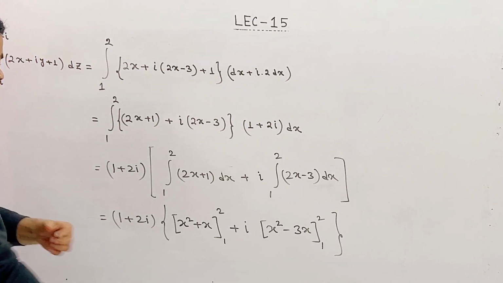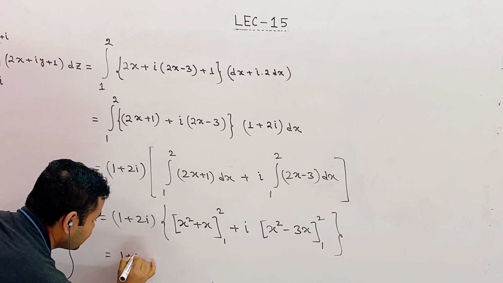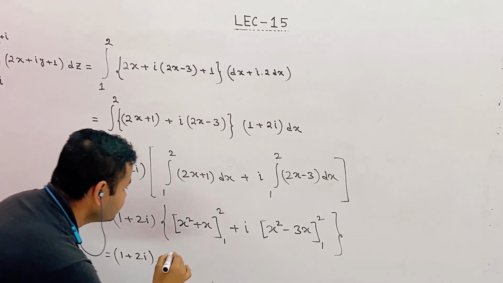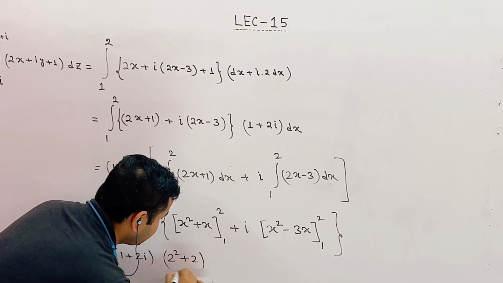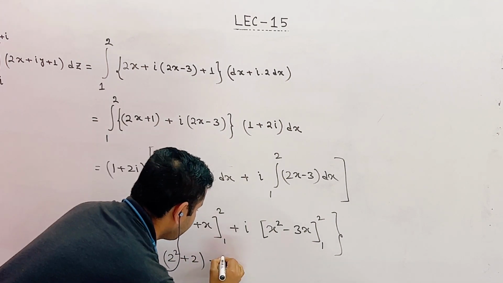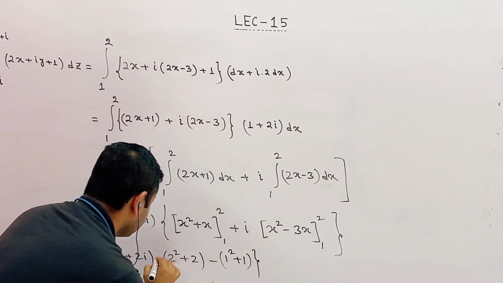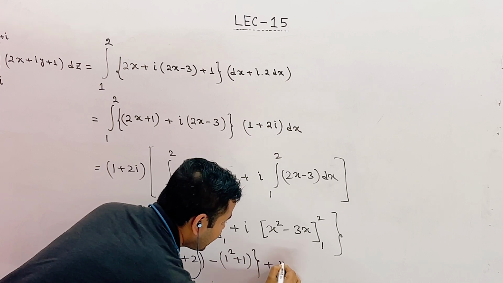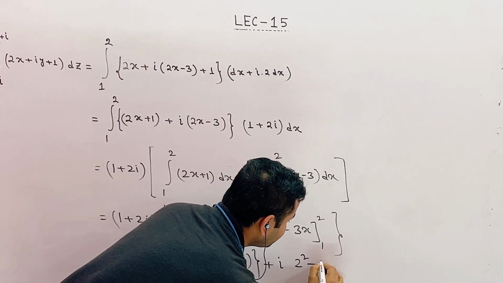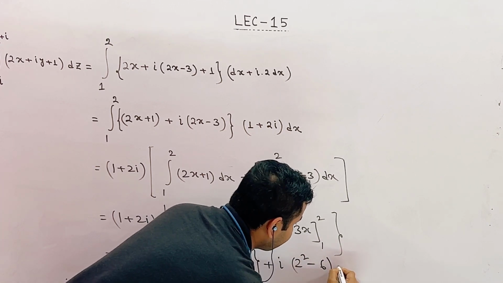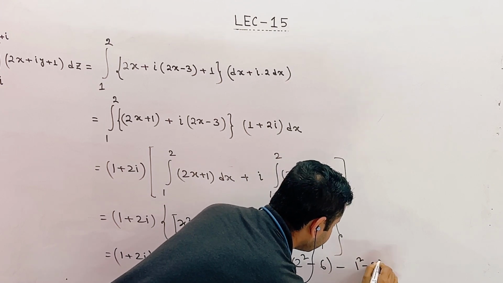So, after putting these limits, we will get 1 plus twice iota into 2 square plus 2 minus 1 square plus 1, plus iota 2 square minus 3 into 2 minus 1 square minus 3.